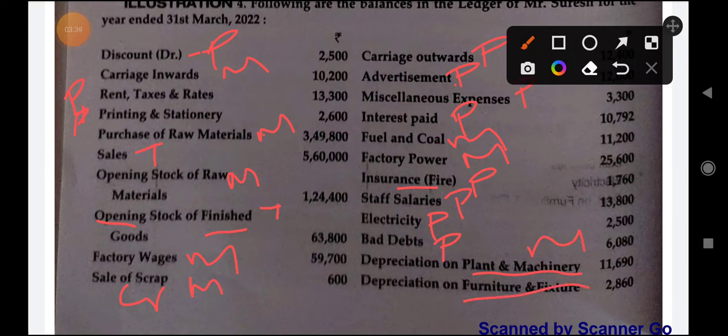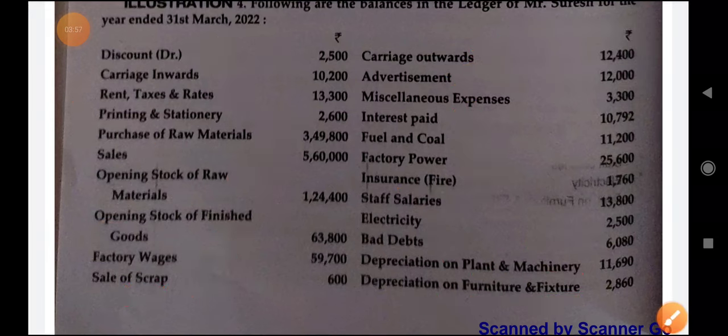Depreciation on furniture and fixtures will come under P&L account. Okay, we have denoted all the things which will come where. Let us see further information in the next page.